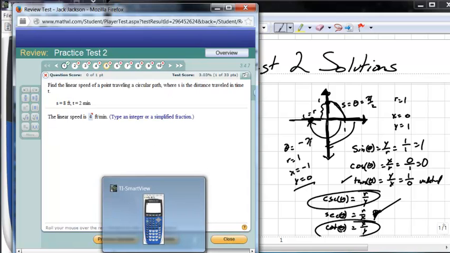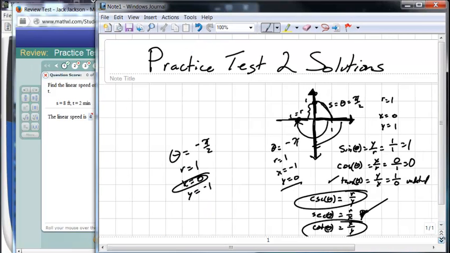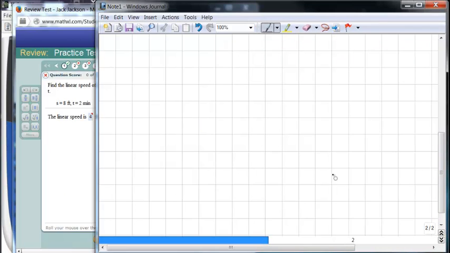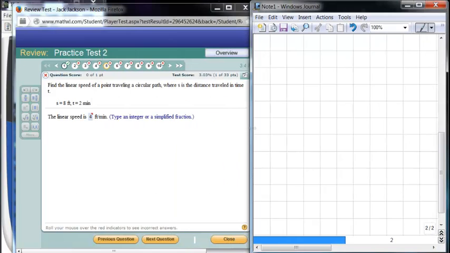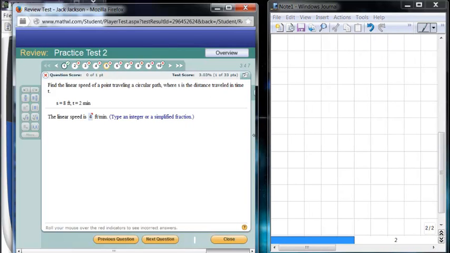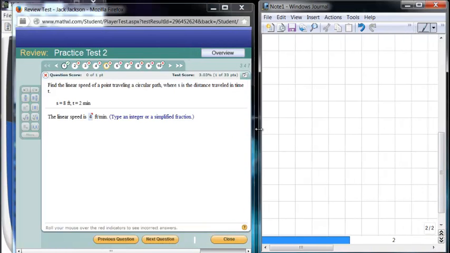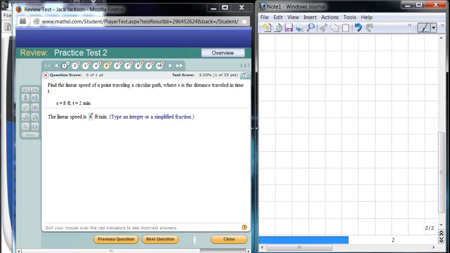Find the linear speed of a point traveling in a circular path where s is the distance traveled in time t.